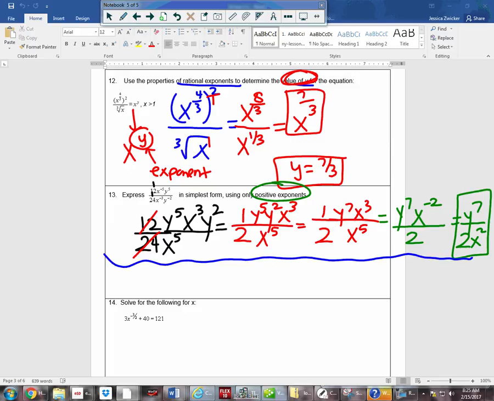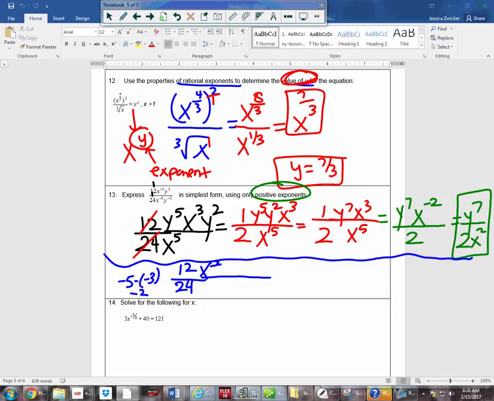Another way to do this problem would be to just divide immediately. So 12 over 24 can stay, but x to the negative 5 over x to the negative 3 is x to the negative 2, because when you divide, you subtract exponents, and negative 5 minus a negative 3 is negative 2.